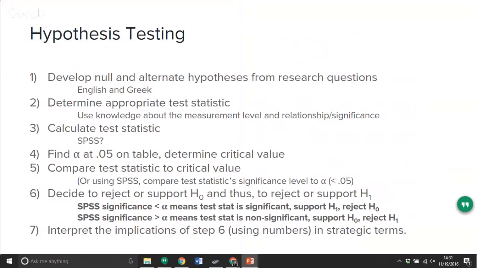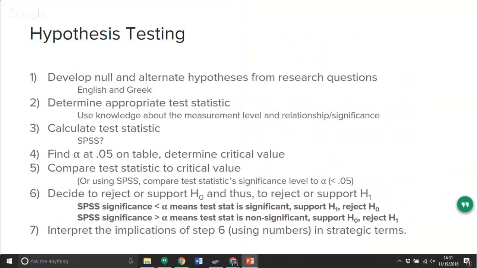So developing these hypotheses, we said hypotheses are testable statements. They are things that we go out and collect data and we test to see whether the hypothesis is supported or not. We develop those from the actual research questions, right? A hypothesis is a statement, and a question, well, obviously is a question.